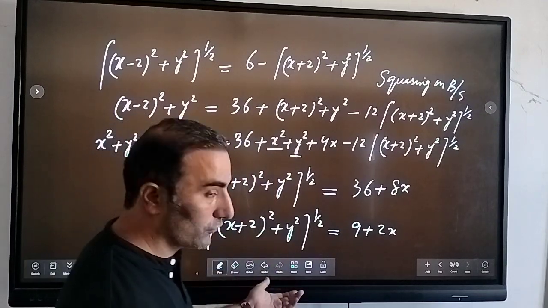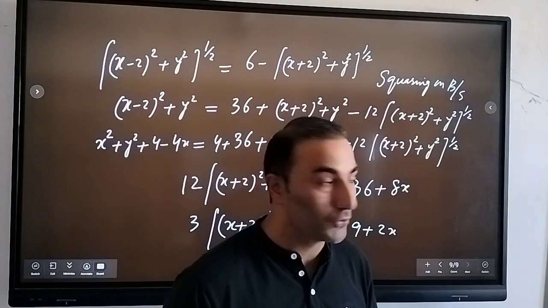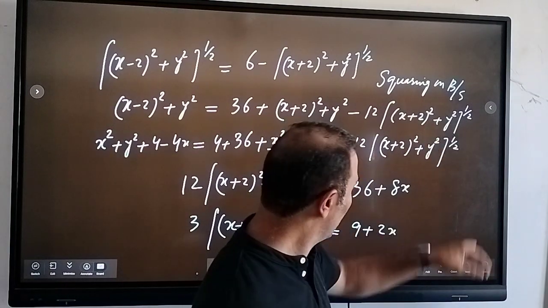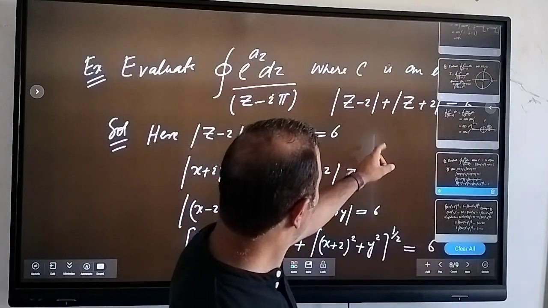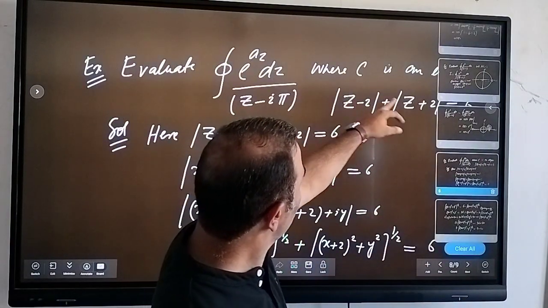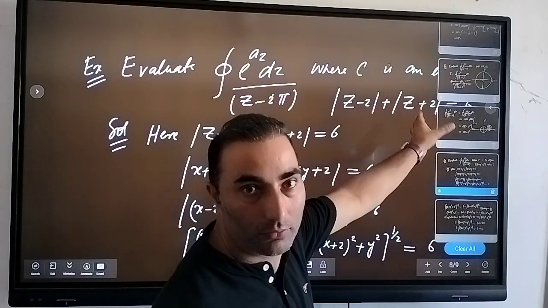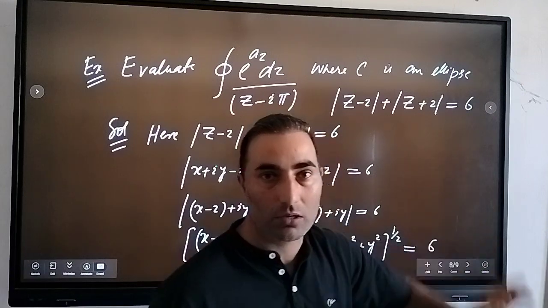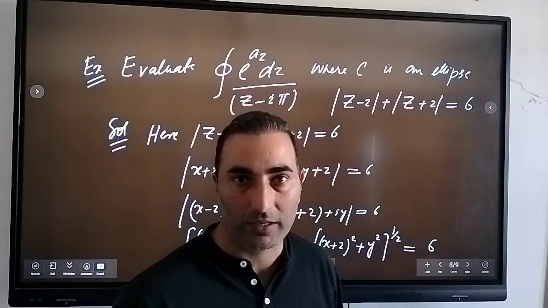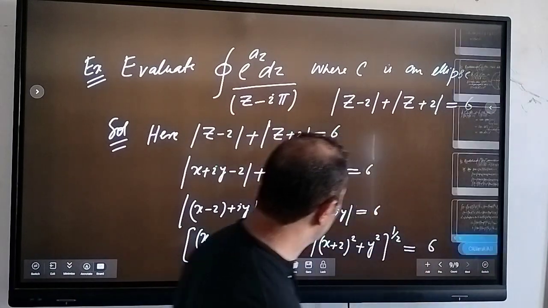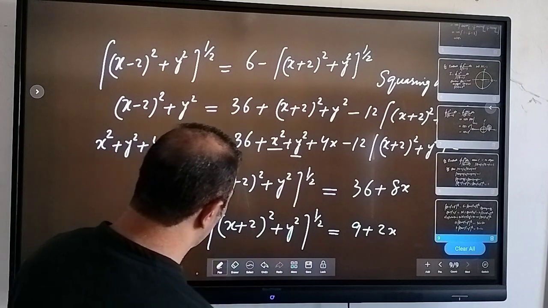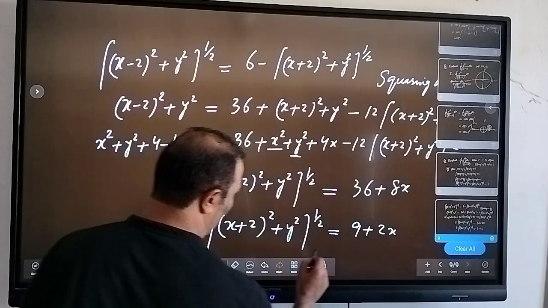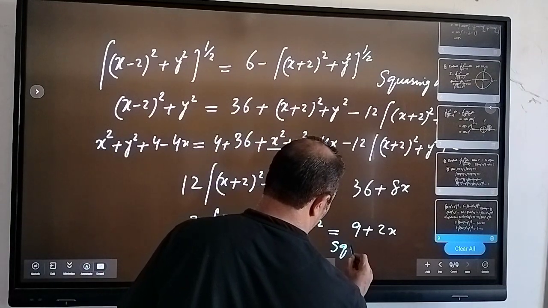Now again, we need to simplify and see the form of the ellipse, as I already wrote here, that C is an ellipse in this form. We need to simplify it and see where it lies in our complex plane. So now again we square, squaring on both sides.